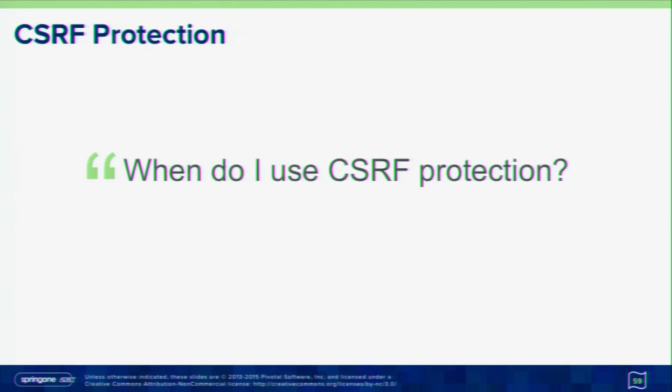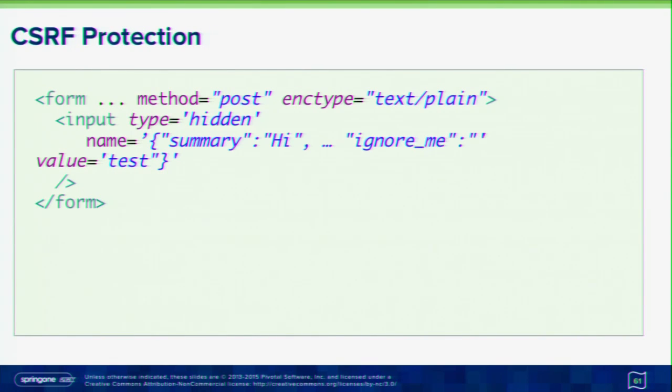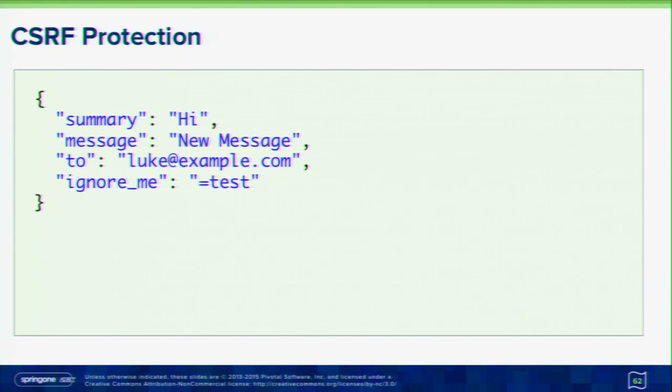And you say, well, my application uses JSON. So how are you going to forge those requests? Well, what if the form on evil.com looks something like this? That means I'm going to produce valid JSON that looks like this. So I could post a message from evil.com to your site and produce a valid JSON message. So it doesn't matter if you're using JSON or not.